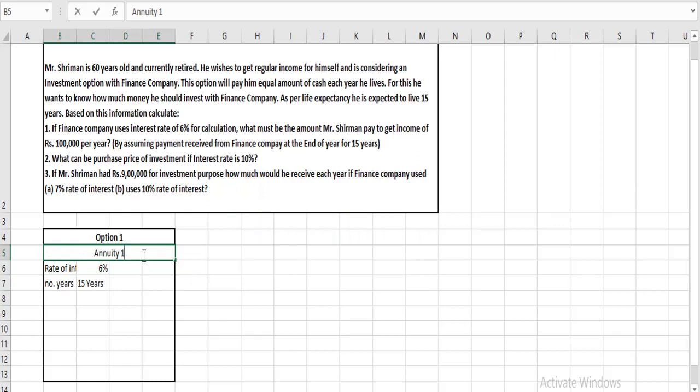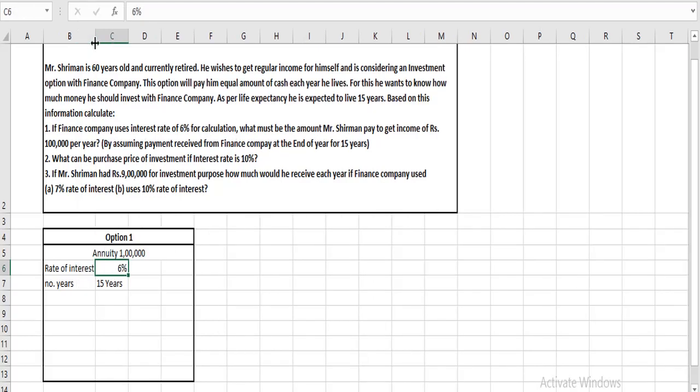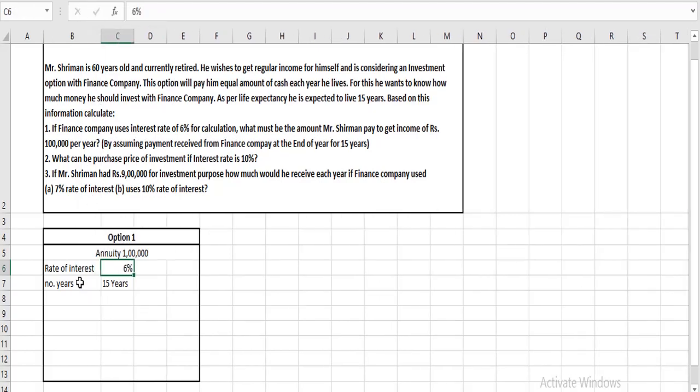We need to find out what this future income stream is worth today. Rather than accepting 1 lakh rupees for 15 years, what is the net worth, or what should be the value of option 1? That is what we need to find out.